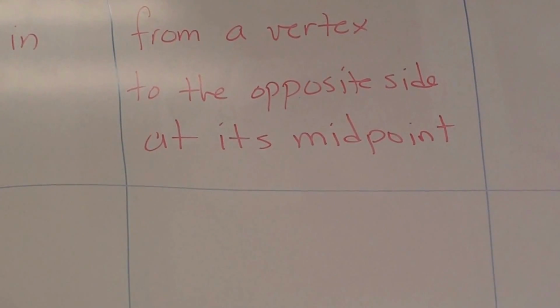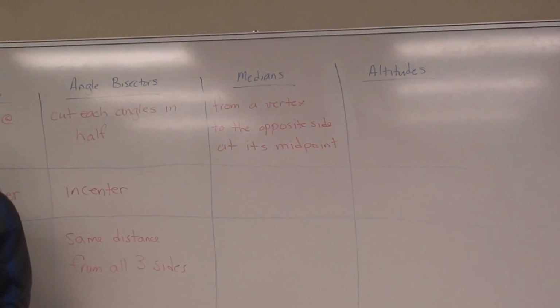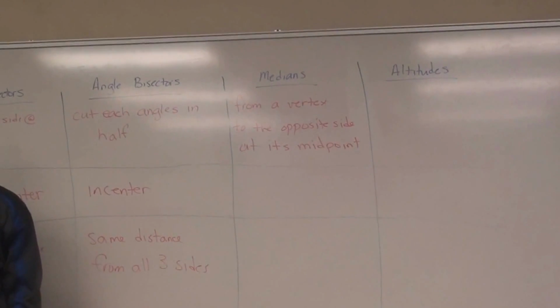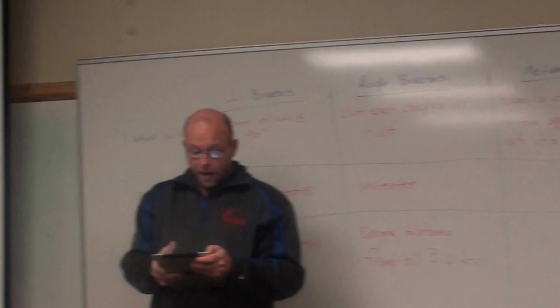So we're going to connect a vertex to the midpoint of the opposite side. So now we're worried about not only the point on the triangle, but where it goes through the other side. We haven't had to worry about that.